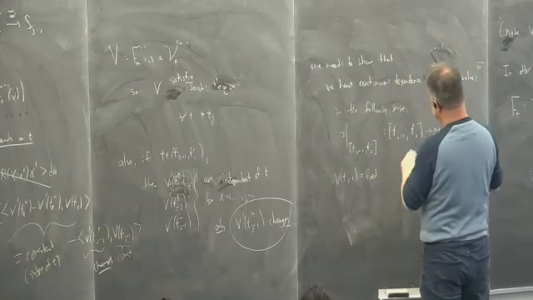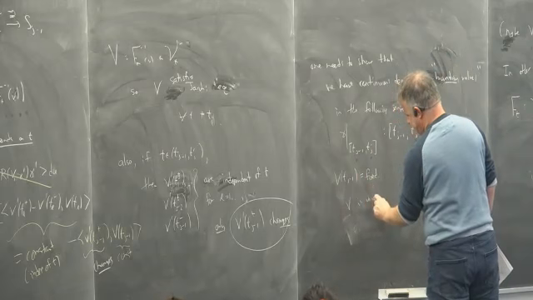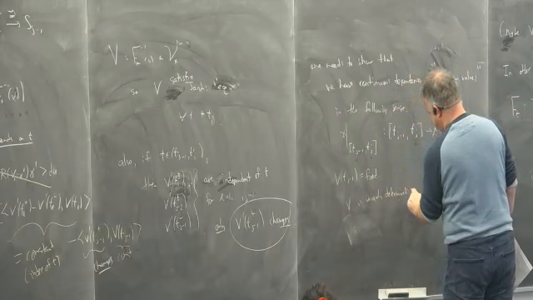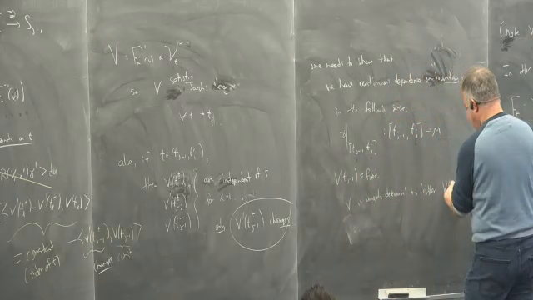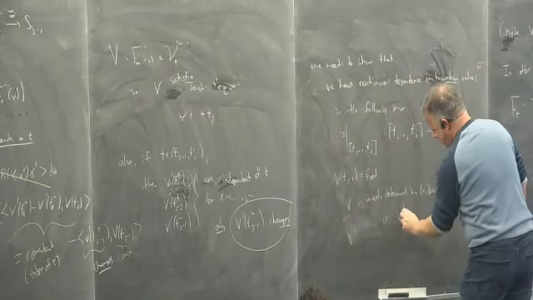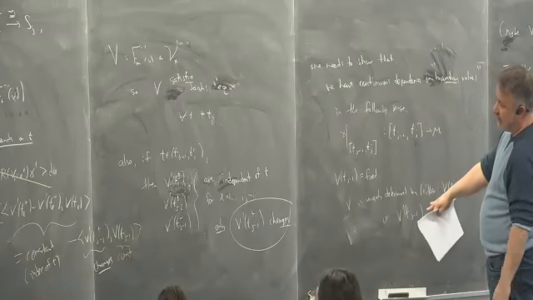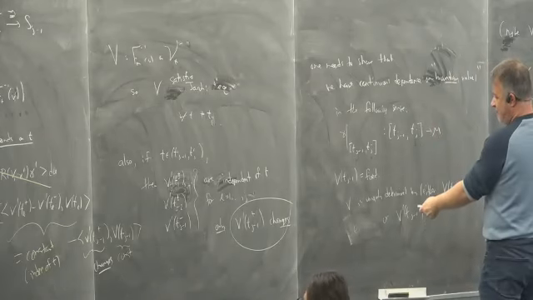Okay, and then V is uniquely determined by either V of t_j, because it's got no conjugate points, or by the initial value of the velocity, V prime, right?